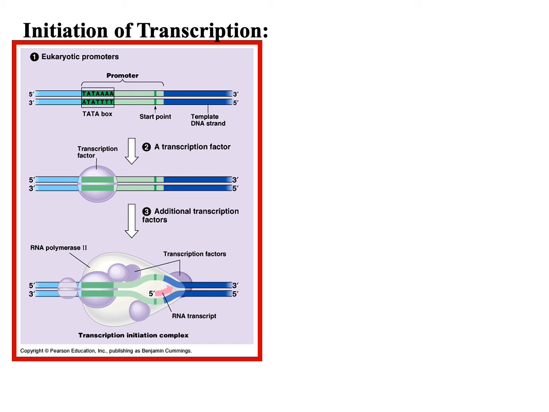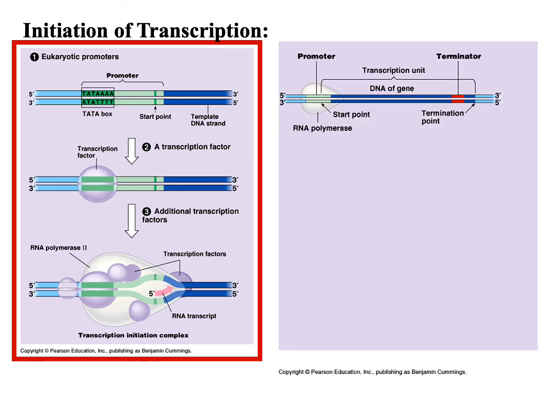So if you go back and recall the replication process, what had to happen is the two strands of DNA had to separate before any replication could take place. This is also true for transcription in that the two strands must separate before transcription can occur. So the helicase subunit of RNA polymerase does just that, pulls apart the two strands, allowing for the polymerase then to recognize the single-stranded template and begin synthesizing RNA.